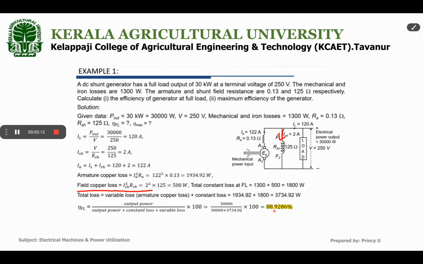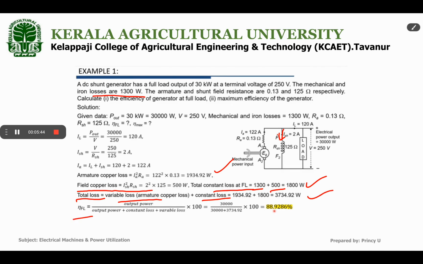The total constant loss is the given mechanical and iron losses of 1300 watt plus the shunt field copper loss. The variable loss is the armature copper loss. The total losses are the sum of the variable loss plus the constant loss.